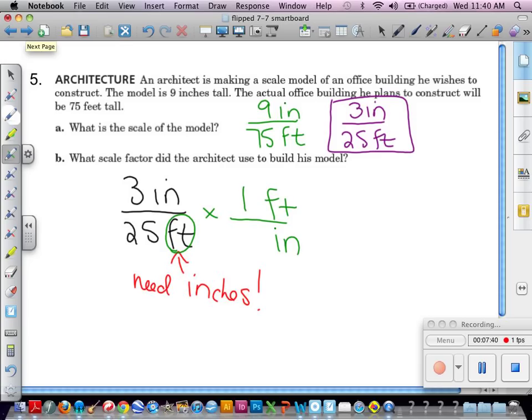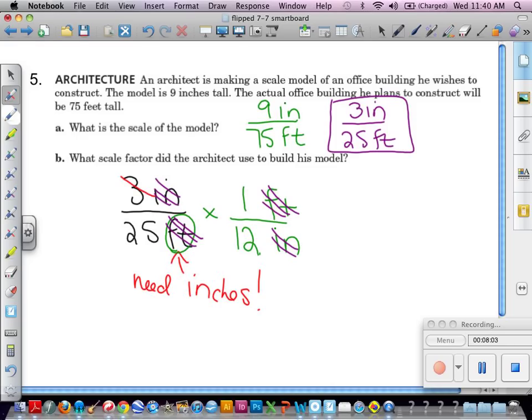1 foot is 12 inches, so we're doing basically what we did in the last problem now. Again, my feet are going to cancel. My inches actually cancel. I didn't do that last problem. I'm going to cancel them ahead of time. And so now again, take a look at the numbers. Don't just go ahead and punch this in your calculator.